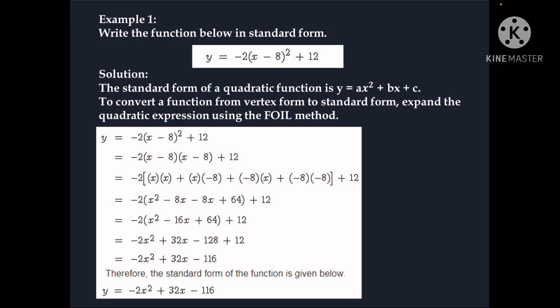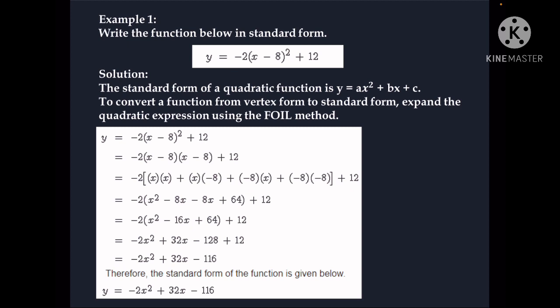At first we have the equation, then x minus 8 to the power of 2 will be divided into x minus 8 multiplied by x minus 8. Then I will multiply the first two terms, which are x and x, and the last two terms, which are negative 8 and negative 8.